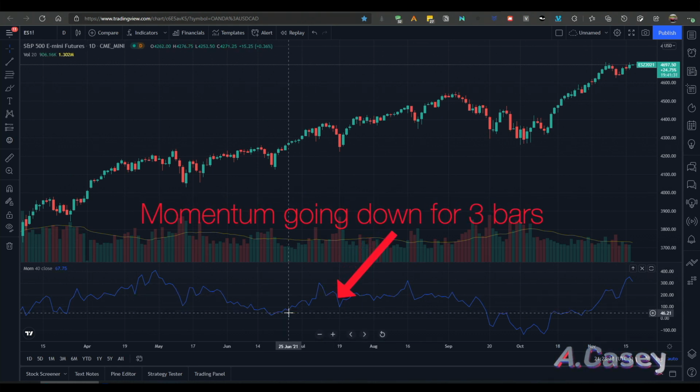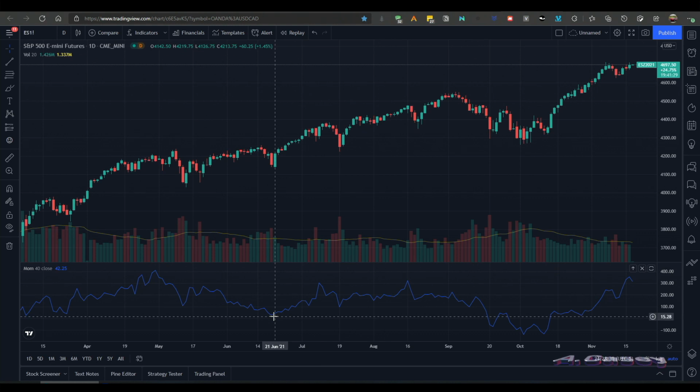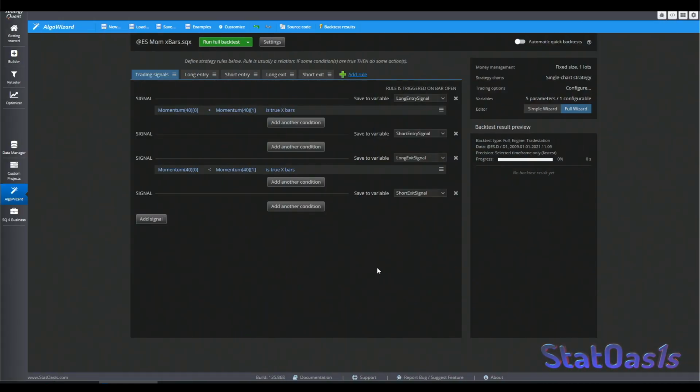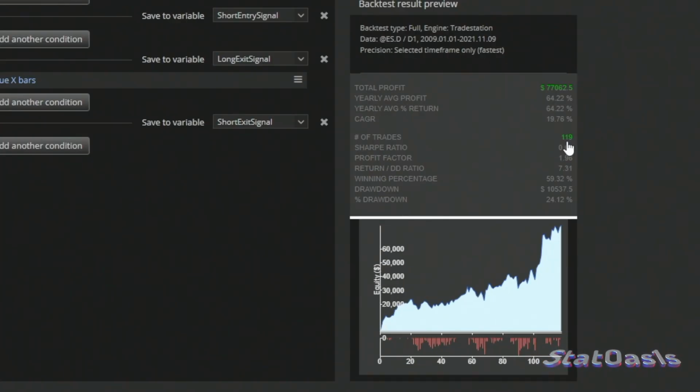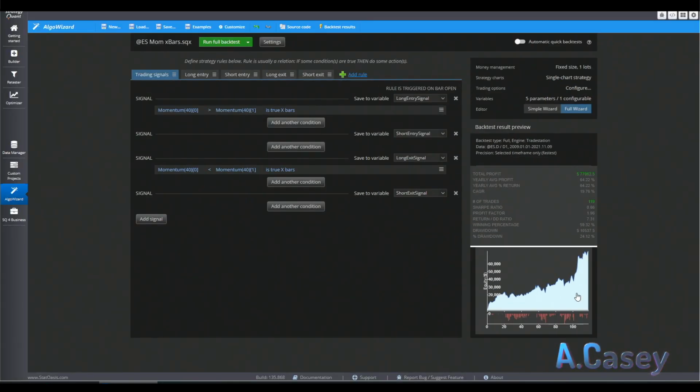With this strategy, we get more trades, and we also get rid of the false signals. Again, this is on ES, since 2009, and now we can see that we already have a better number of trades, and we're making good profits, good drawdown. All in all, it's a good strategy.